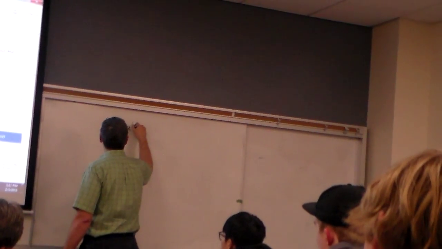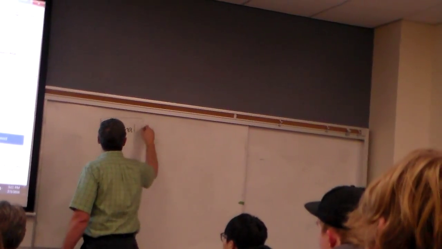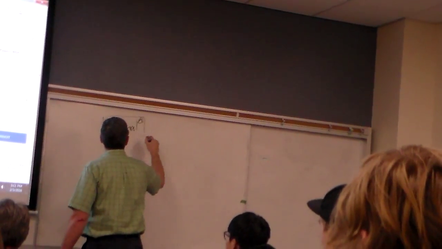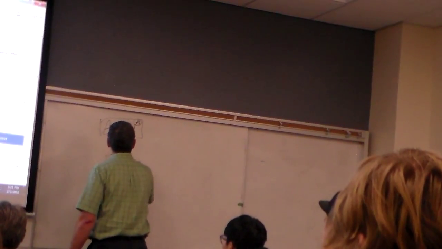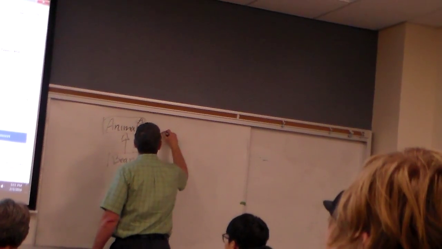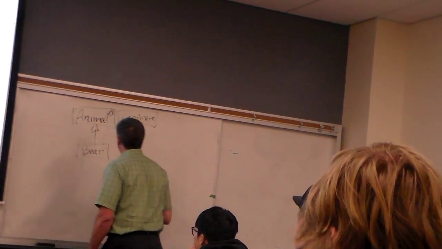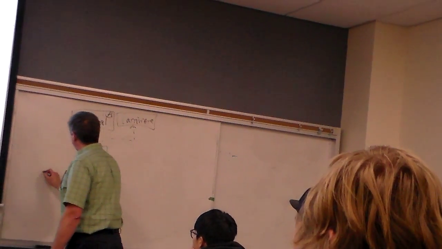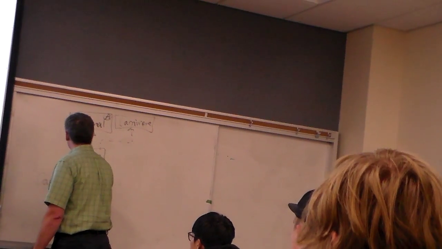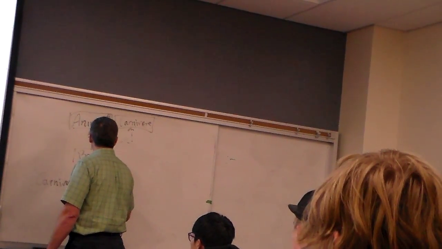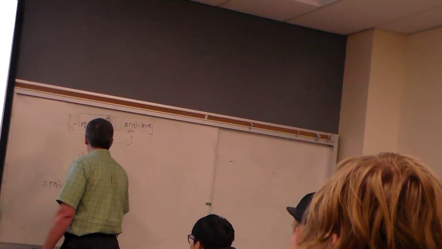Remember when we had our hierarchy, we had our animal, and we had it as abstract, and then we had our bear as inheriting from this. And then we had our interface over here, and we had our carnivore. We can declare a carnivore, and we'll just call it C, is equal to a new bear, right?